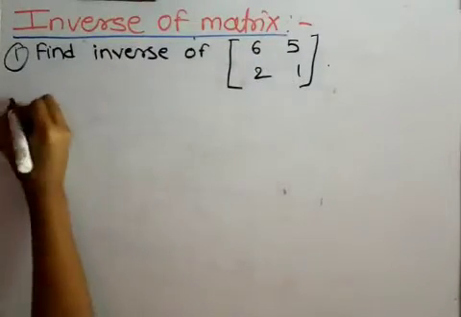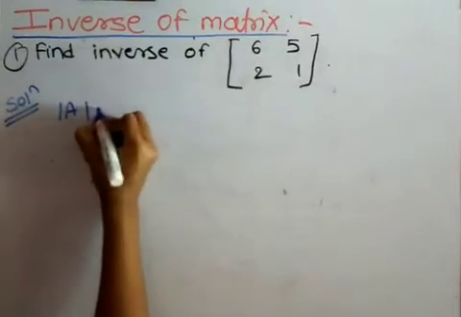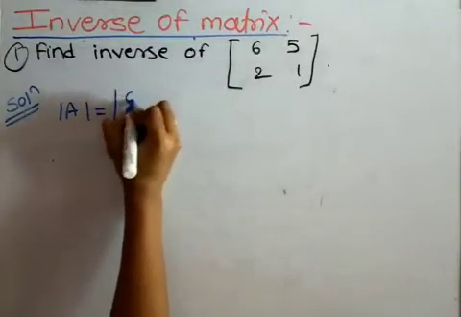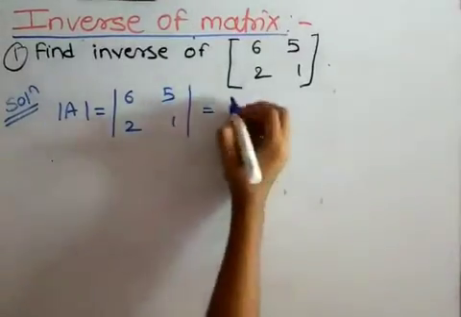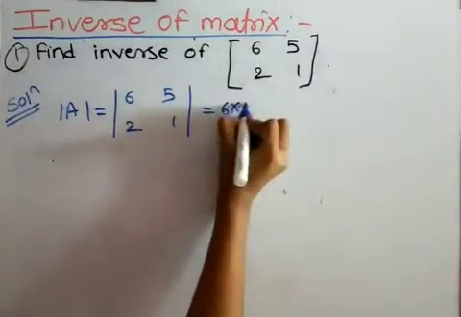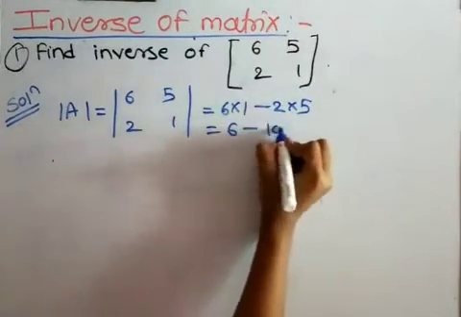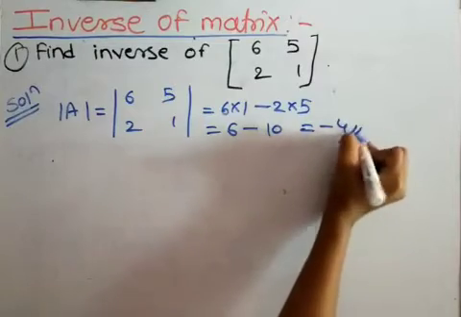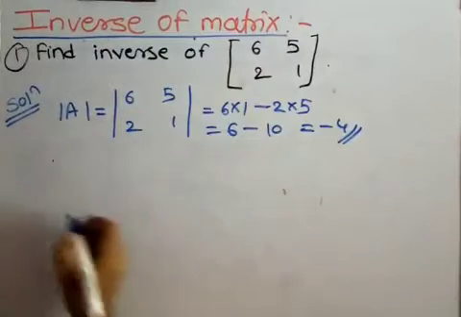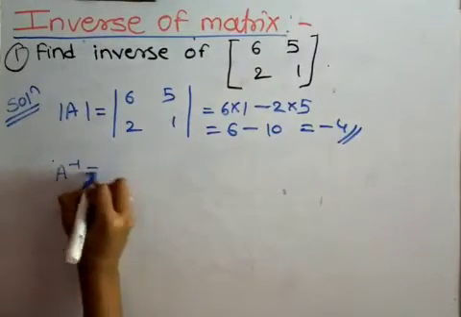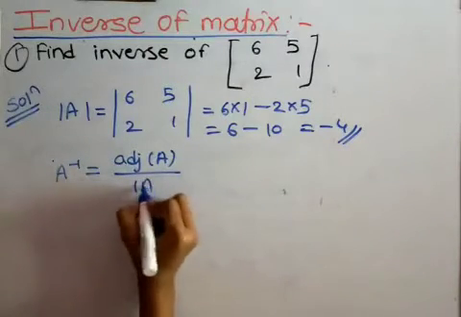First we want to find the determinant of A. We know how to find the determinant of A. We just cross multiply: 6 into 1 minus 2 into 5. So we get 6 minus 10, which is minus 4. Right? Now we want to find the inverse of the matrix. So write the formula of the inverse of a matrix, which is adjoint of A divided by determinant of A.